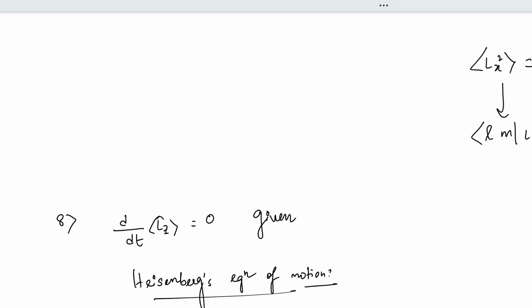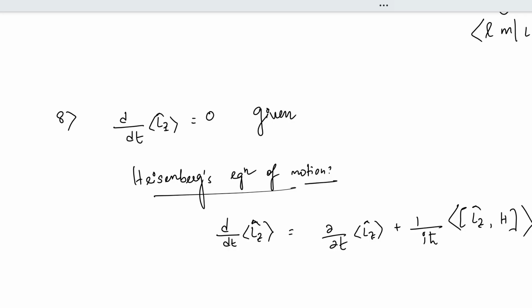So all of them will have an expectation value: d/dt of the expectation of Lz cap is equal to the expectation of del t of Lz cap plus 1 by i h cut. Because there is an expectation value on the left hand side, all of the terms will have an expectation value like that, and this Lz is the other operator and H is the Hamiltonian operator.